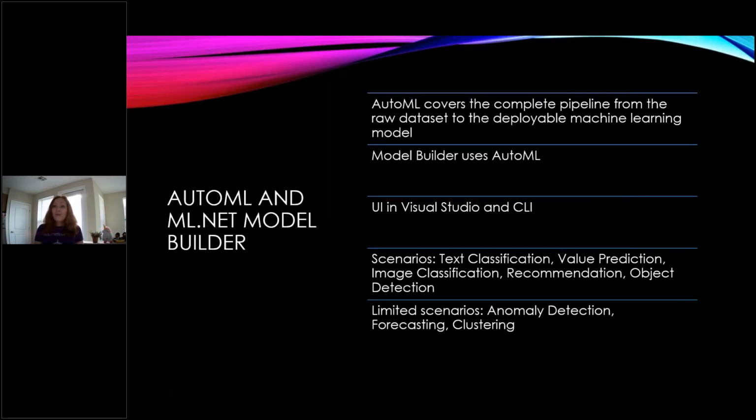So now I want to move to AutoML and talk about AutoML in general and ML.NET Model Builder more specifically. AutoML is a concept that is not directly related to ML.NET. It's not specific to it. AutoML is a general concept.